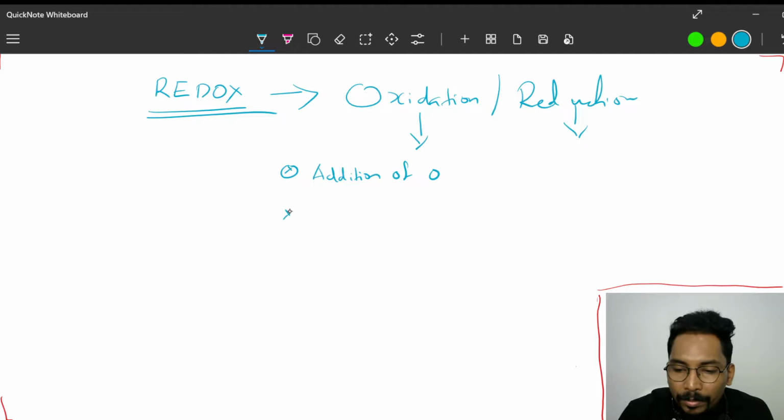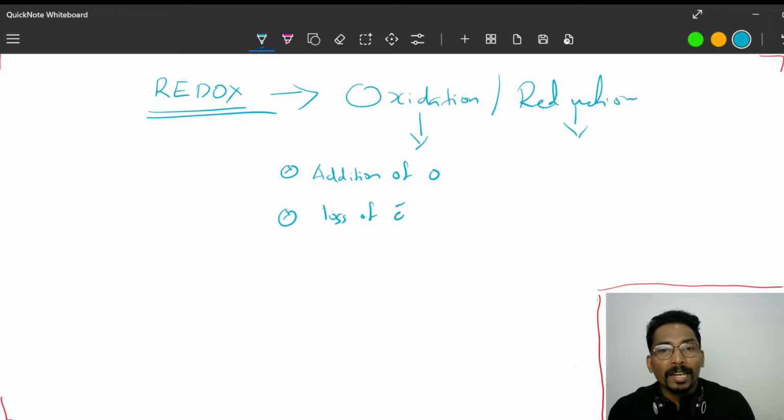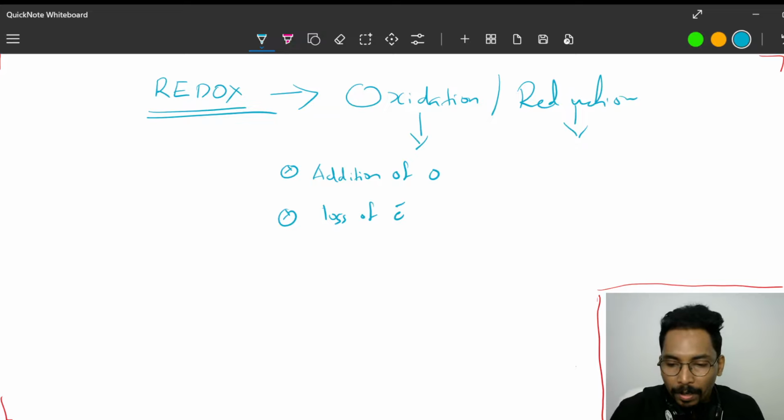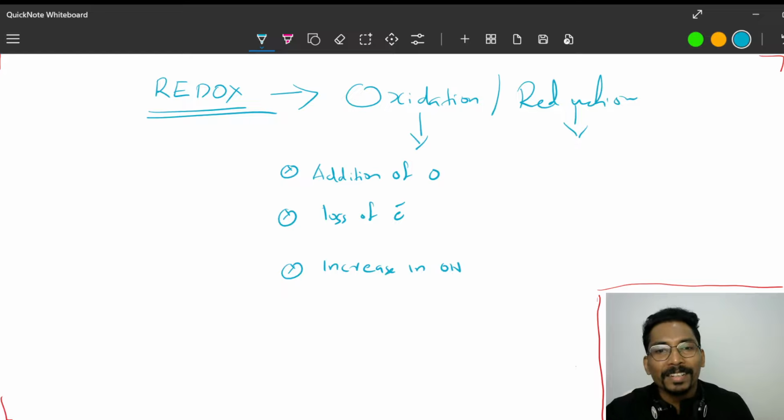Second one, loss of electrons, that's a very important definition. Losing electrons from an atom or species is considered as oxidation. And third one, increase in oxidation number. All these concepts are very important in this chapter.